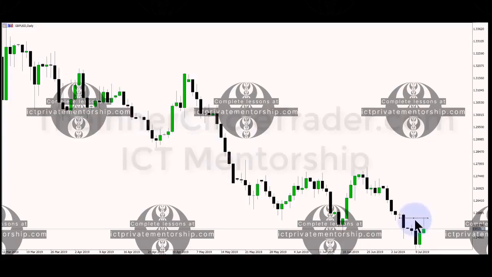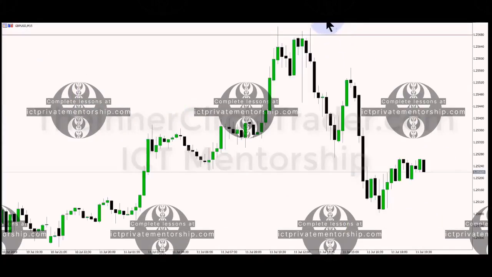Right there. Fair value gap, complete closure. Now I'm going to drop into a 15-minute time frame. And here we are, we have price trading up into that. It should have been 25. What is that level? I just put it in there. That's its daily level. It's the daily level that closes the fair value gap on the daily chart.